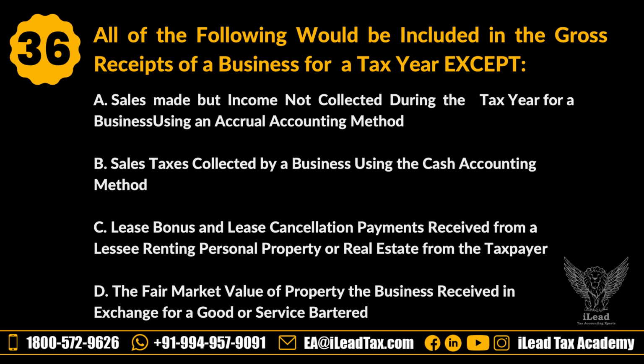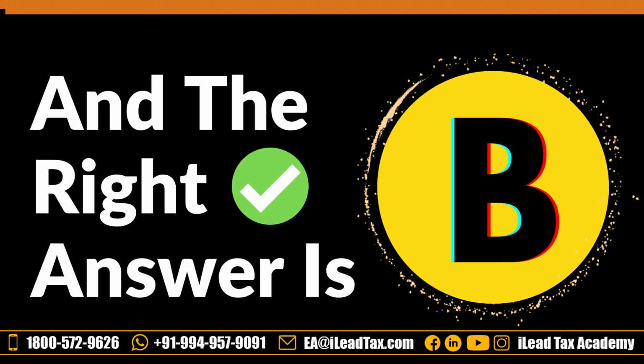C. Lease bonus and lease cancellation payments received from a lessee renting personal property or real estate from the taxpayer. Option D. FMV of property the business received in exchange for a good or service, barter. Let's see the answer. The answer is B.